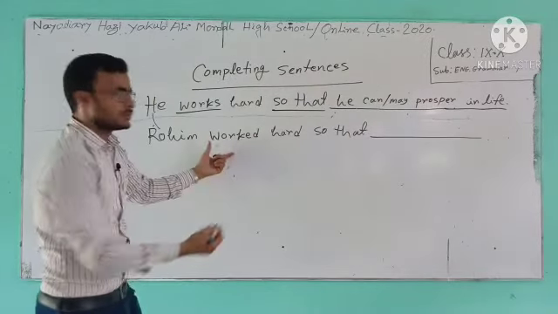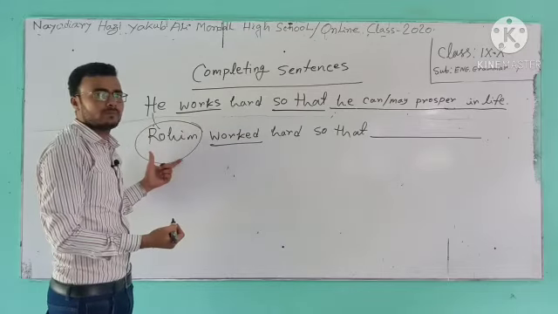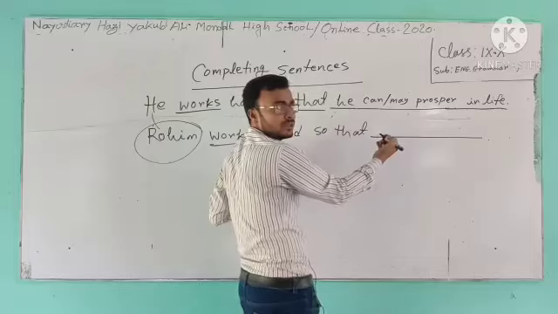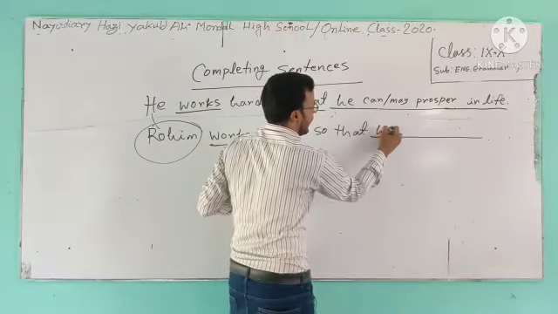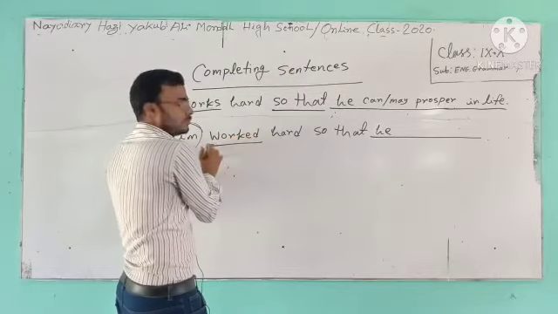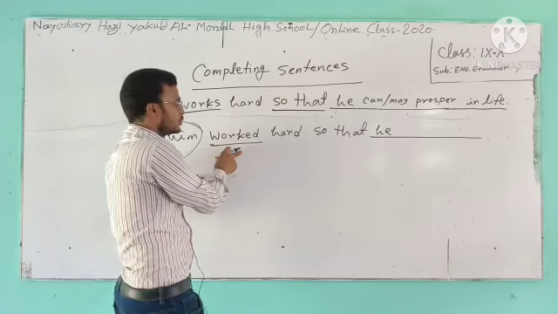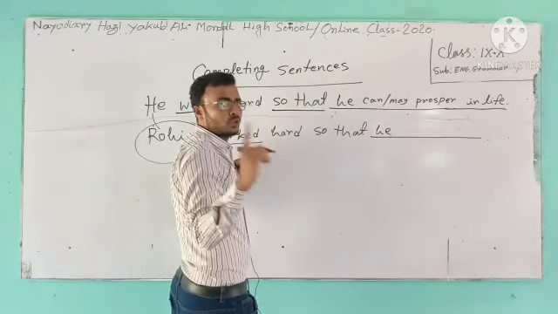Look at the verb worked and look at the subject here. Rohim is a noun, so you need to use here the pronoun form of Rohim, so he. The verb indicates the past tense, so the past form of can or may, that is could or might.